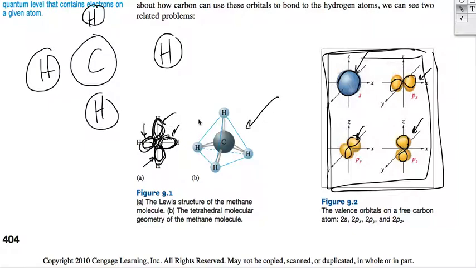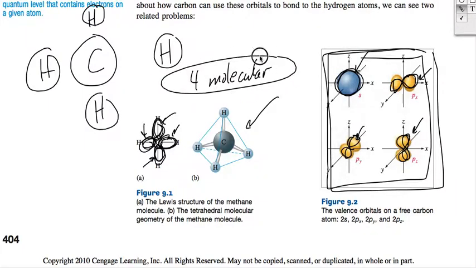Those 4 regions come from 4 atomic orbitals, so you're going to get 4 molecular orbitals. These are all going to be identical: 1, 2, 3, 4 around that central atom, coming from, the model says, 4 different atomic orbitals of that original carbon atom.